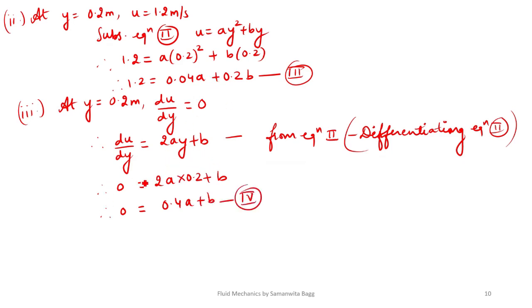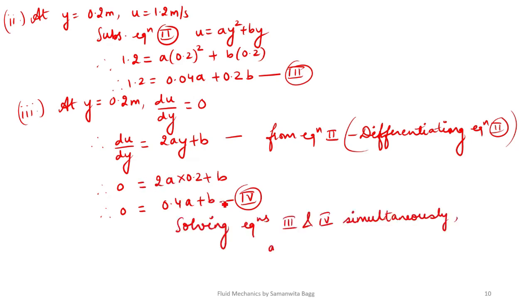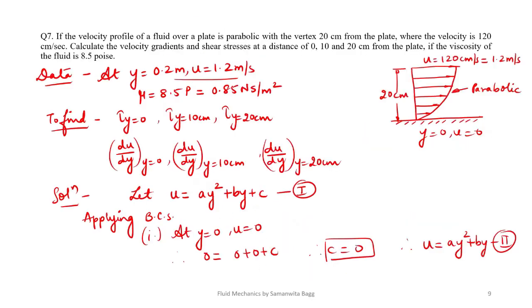On solving 3 and 4 simultaneously, I will get the value of a and b. I get a as minus 30 and b as 12. Now I will substitute these two values in equation 2.